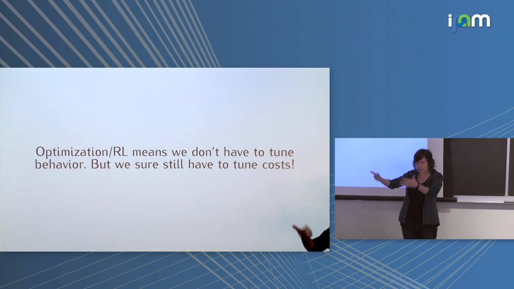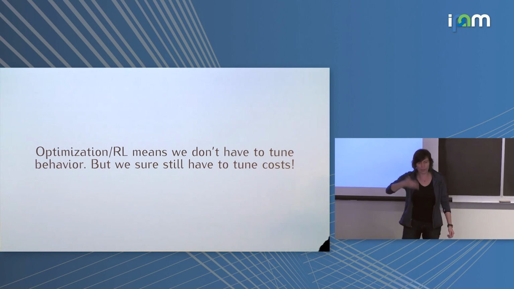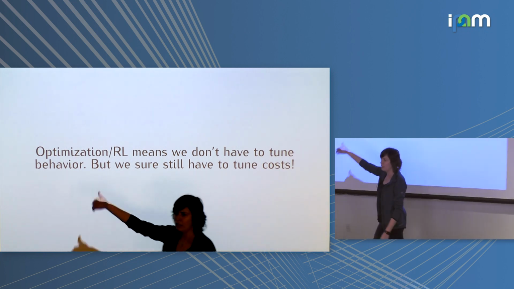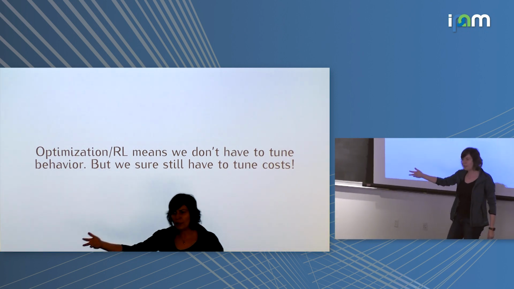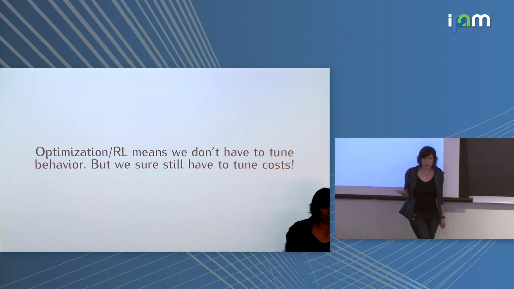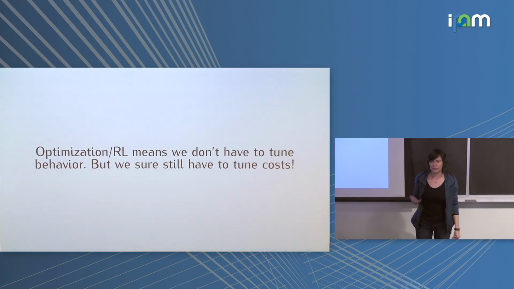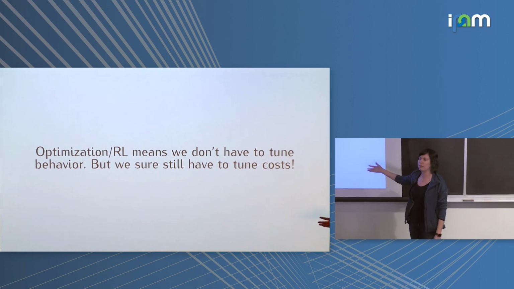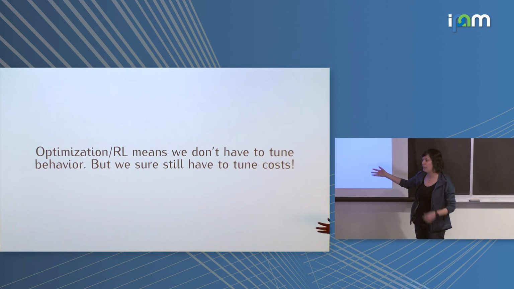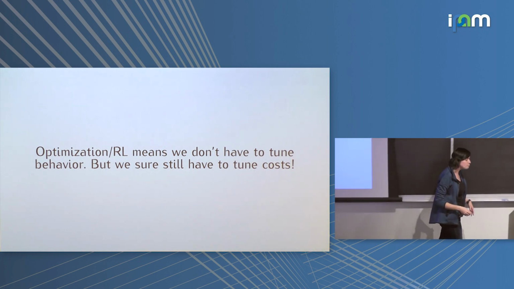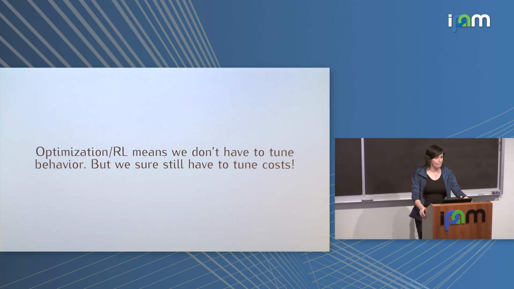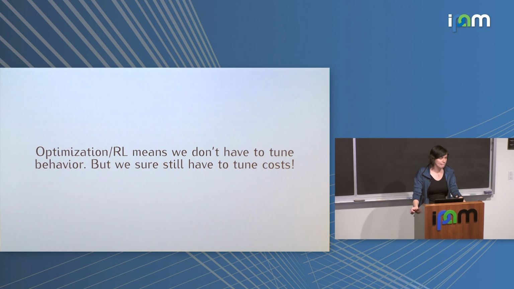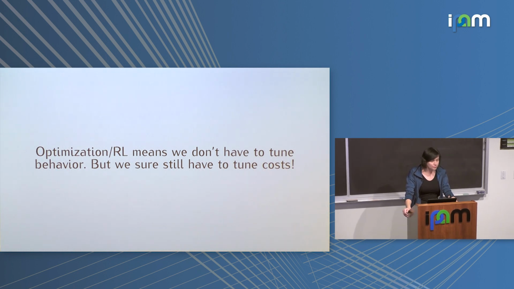I can just set an objective and let the car do the right thing in every single situation that it encounters. That's the promise. And it's true, I don't intervene at the behavior level anymore, and that's great. But man, do I have to spend a lot of time tuning up these reward functions or cost functions for these cars.